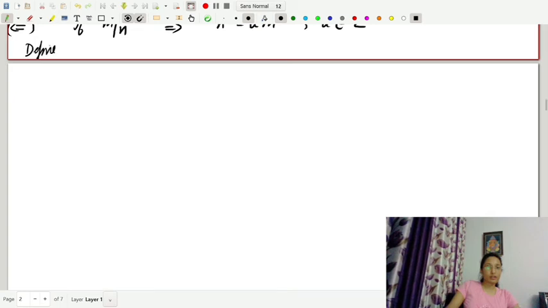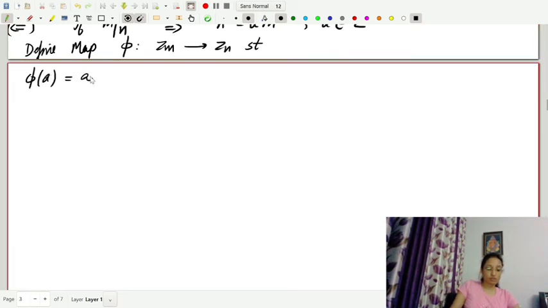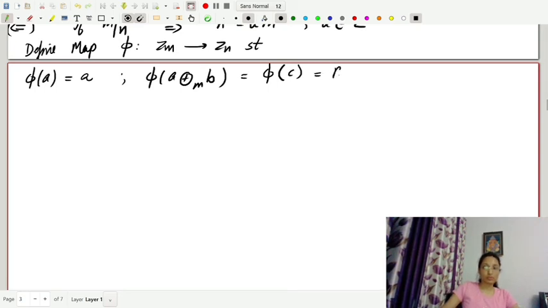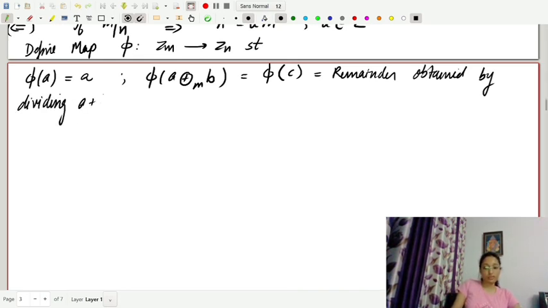Define a map phi from Zm to Zn such that phi of a is equal to a. Consider phi of a plus b modulo m, which is equal to phi of c, equal to the remainder obtained by dividing a plus b by m.